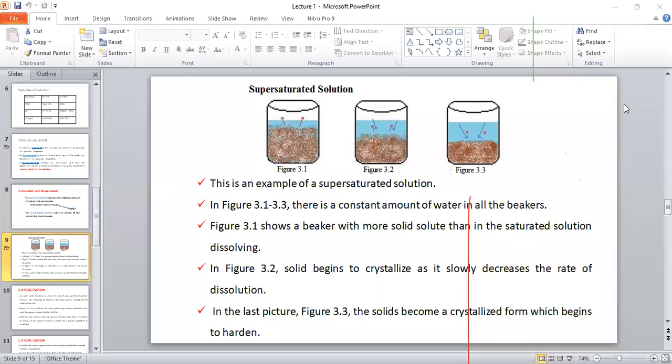So what do I mean by solid solute? Solid solute here is that what you're adding to your solvent is a solid that you're trying to dissolve in the solvent. A solid you take, in this case, let's say a salt.